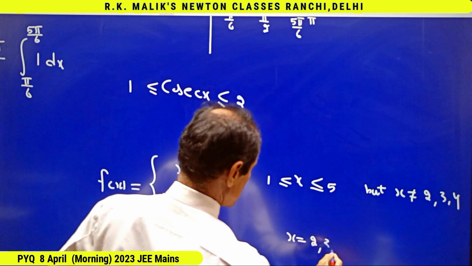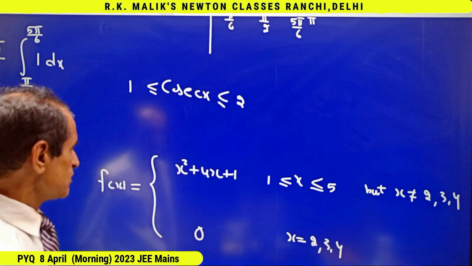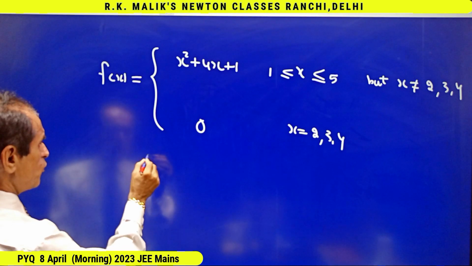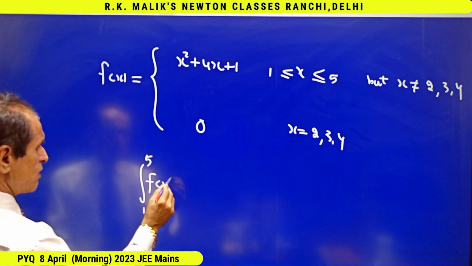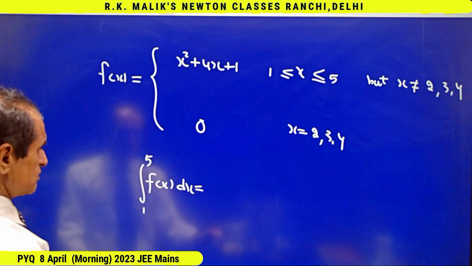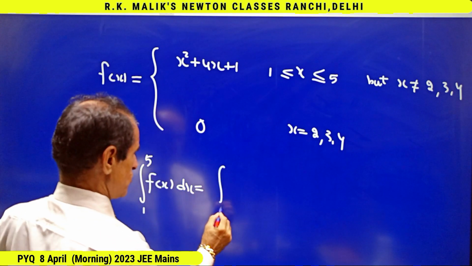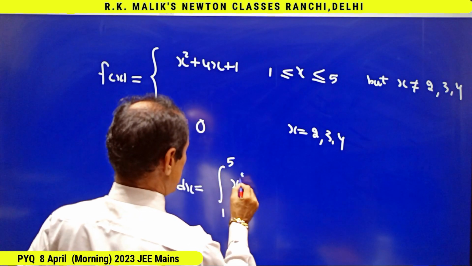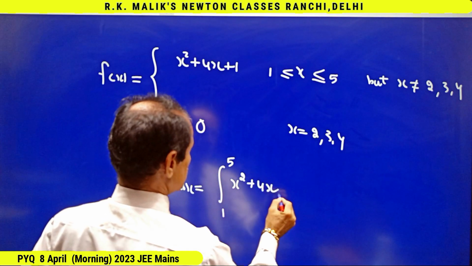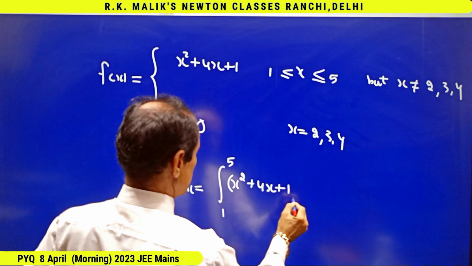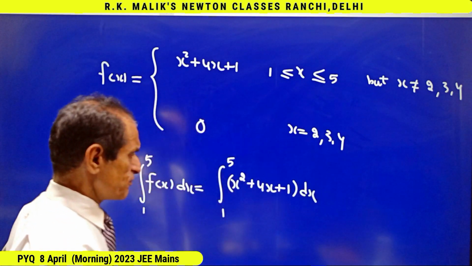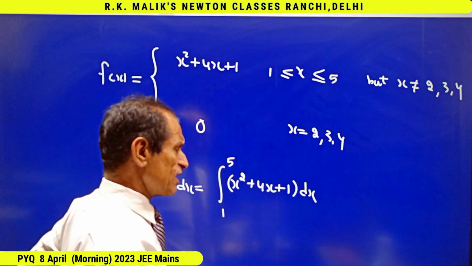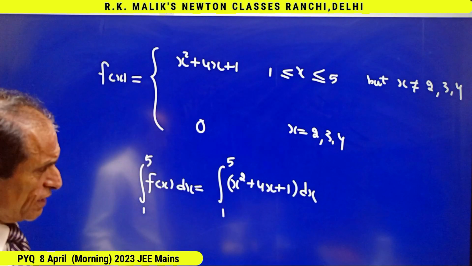And suppose the question says find the value of the integral from 1 to 5 of f(x) dx. I can take f(x) as x square plus 4x plus 1, ignore the points 2, 3, 4 and directly get the answer. The answer will be correct.